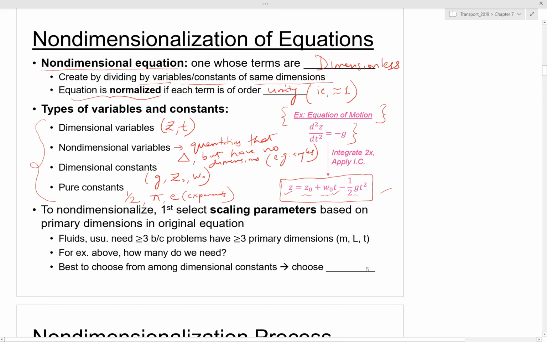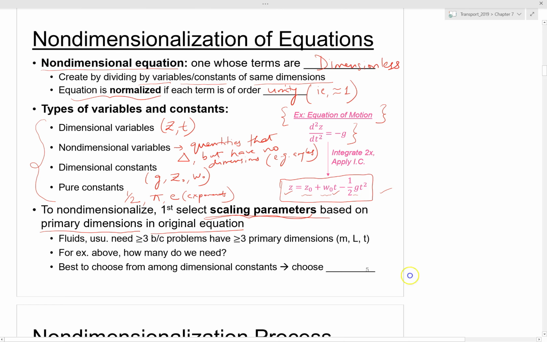Okay, so to non-dimensionalize, first we scale the parameters. What we do is we select first the scaling parameters based on the primary dimensions in the original analytical equation.